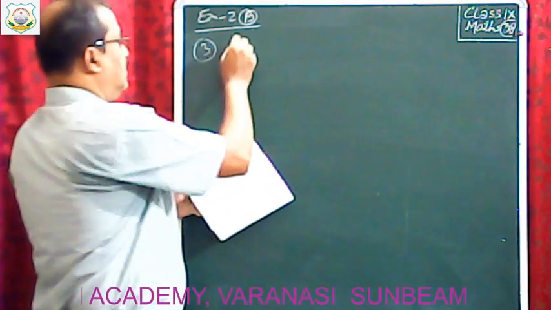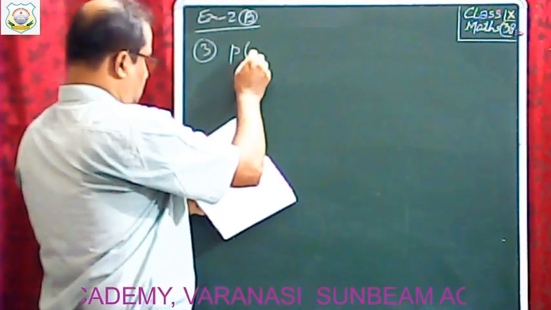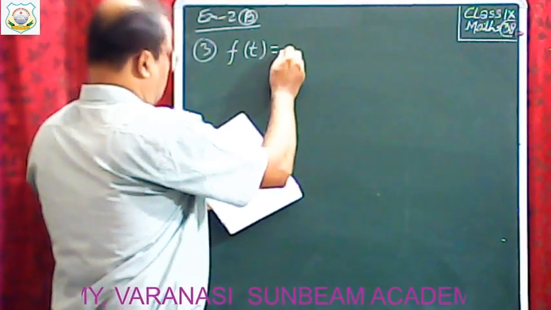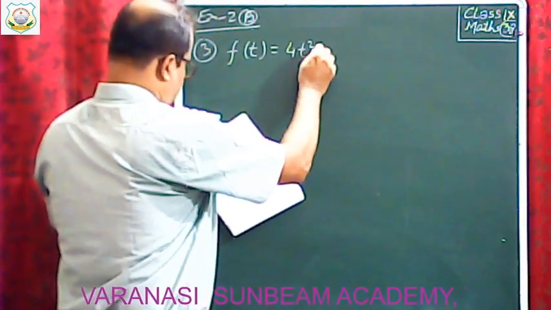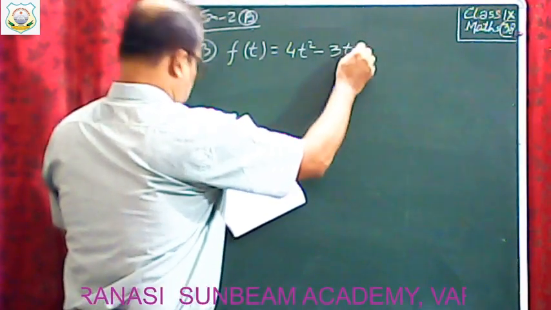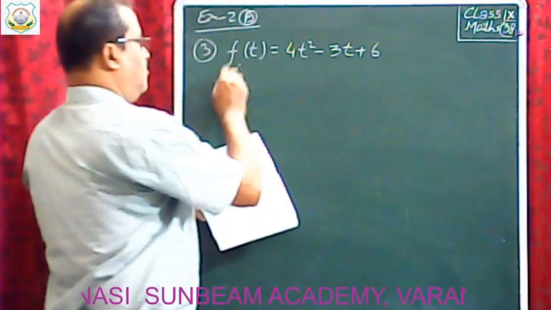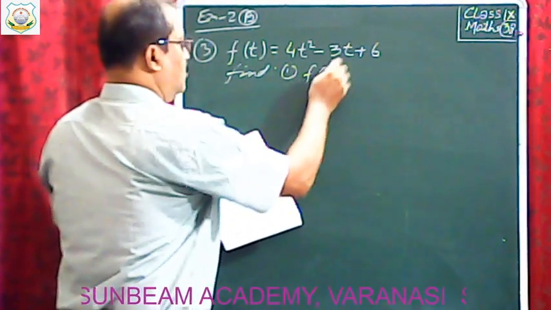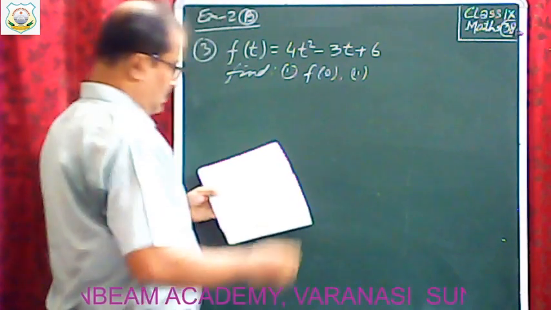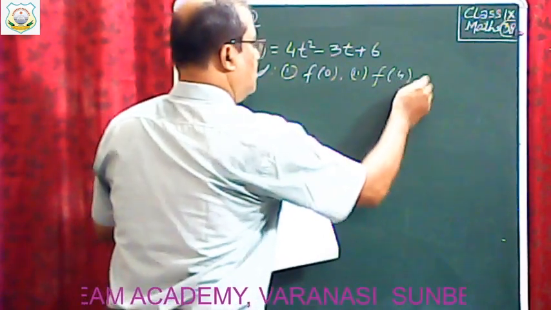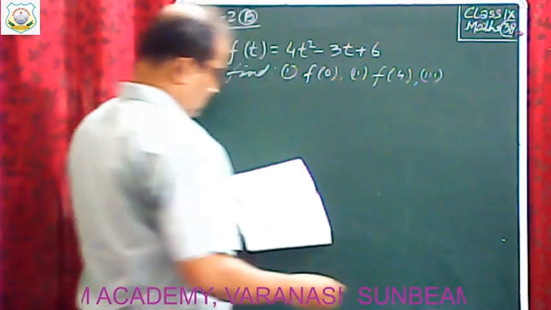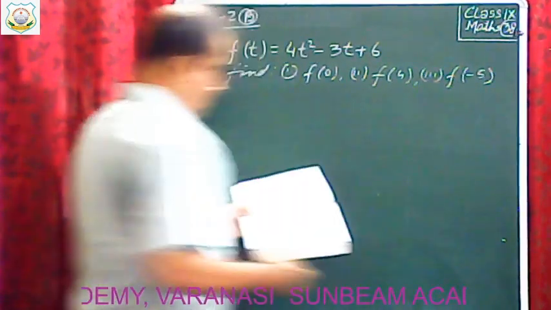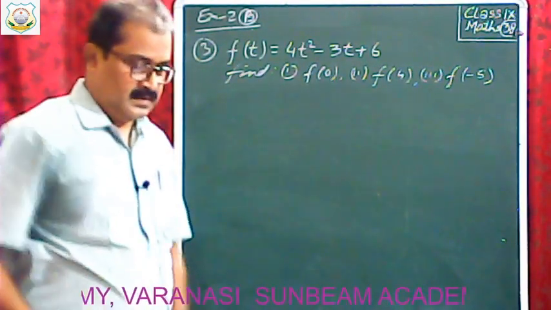If f(t) equal to 4t square minus 3t plus 6, find first f(0), second f(4), third f(minus 5). Okay, one polynomial is given, you have to find such and such.